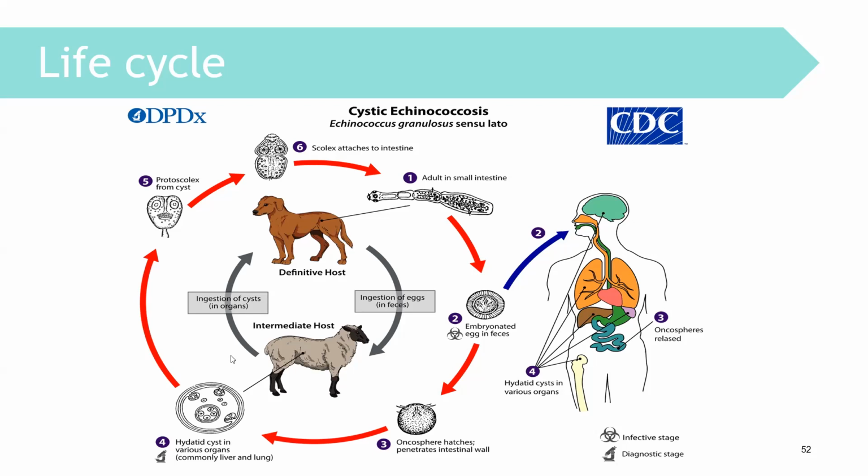Ano nangyayari yun? Napupunta kay sheep. Si dog nag-stool doon sa area where sheep is getting its source of food. That's why yung mga nag-aalaga ng sheep, sila yung common na mayroong Echinococcus granulosus.